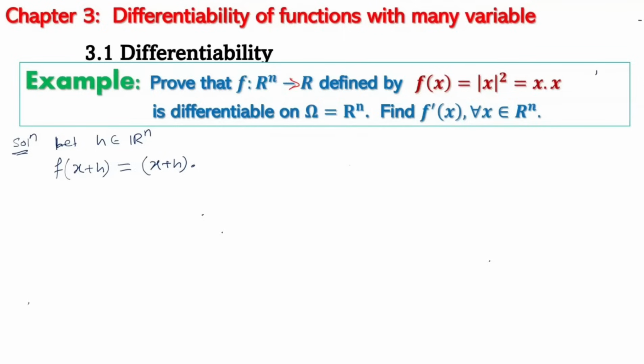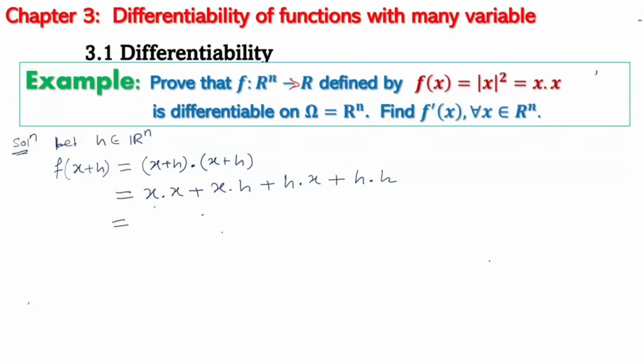is equal to (x plus h) dot (x plus h). By the distributive properties of the dot product, we can write it as x dot x plus x dot h plus h dot x plus h dot h.